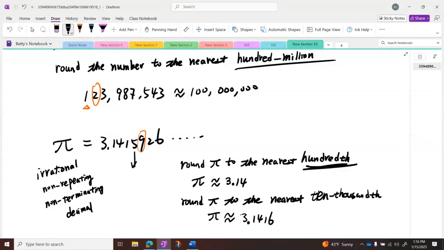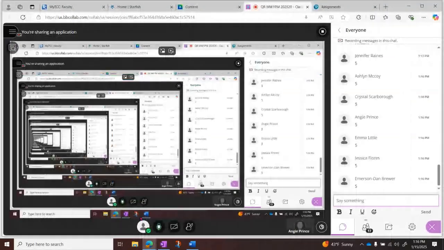So this is how we round it up. When we round it up, we need to add a 1 on top of the value in the rounding place. It was 5, now it's going to be 6. So the estimation is 3.1416.